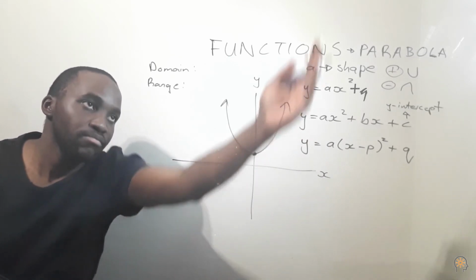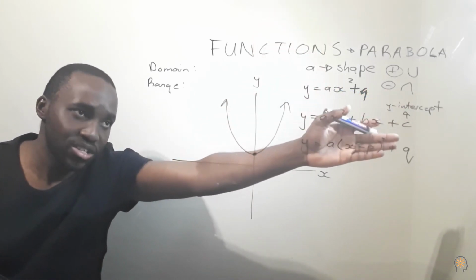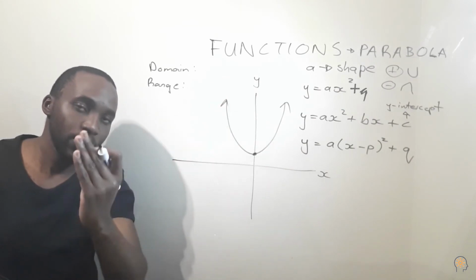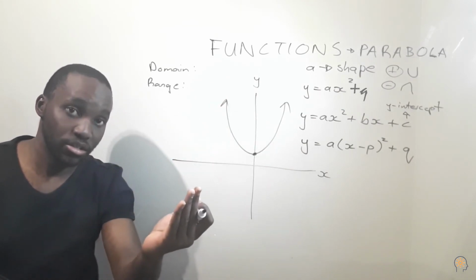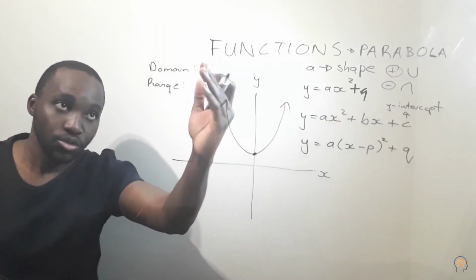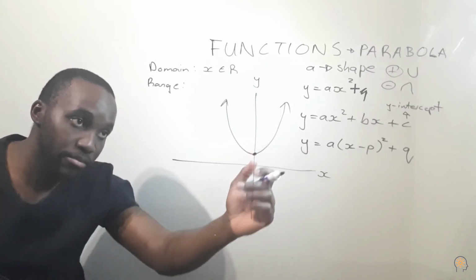This graph, while it's going up, will go all the way to the right-hand side. There are no restrictions there. If you look at it from the y-axis going all the way to negative infinity, there are also no restrictions. So from left to right, this graph will go everywhere. So your domain is just x is an element of R.